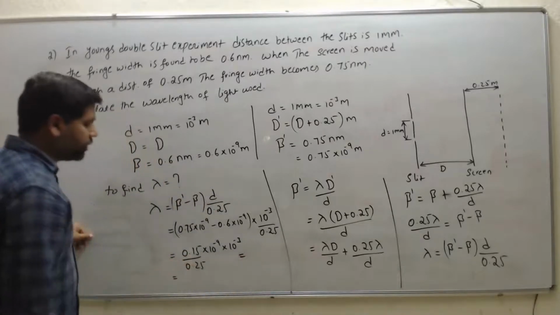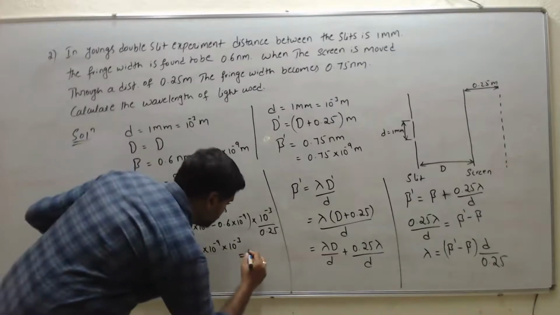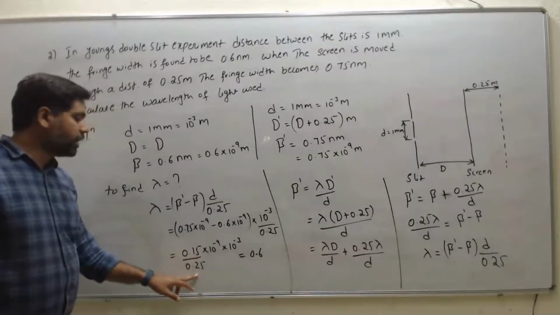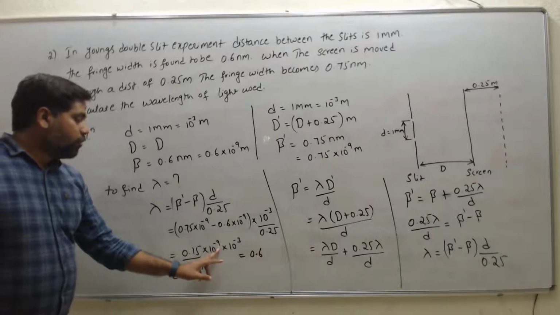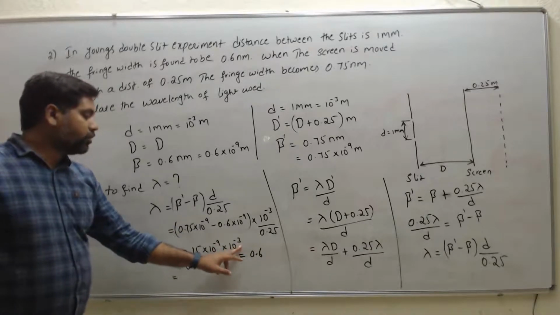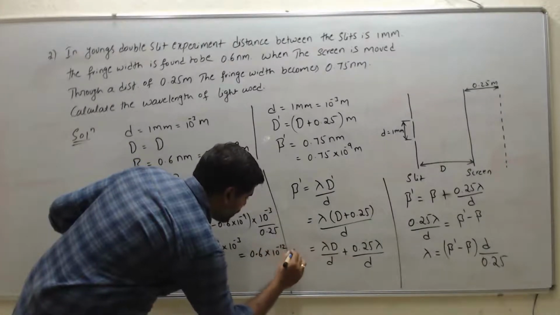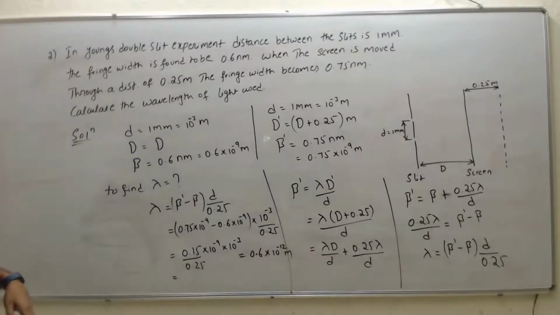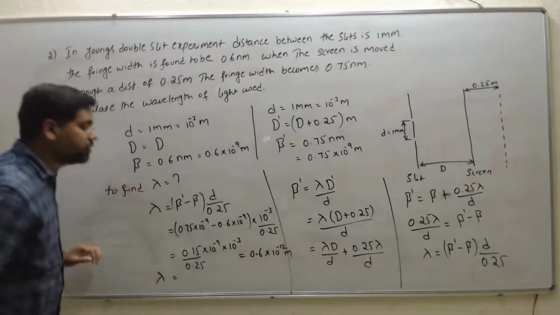So 15 divided by 25, that is 3 divided by 5, which we can write as 0.6. Here 10 to the power of minus 9, and here 10 to the power of minus 3. So we get 0.6 into 10 to the power of minus 12 meter.